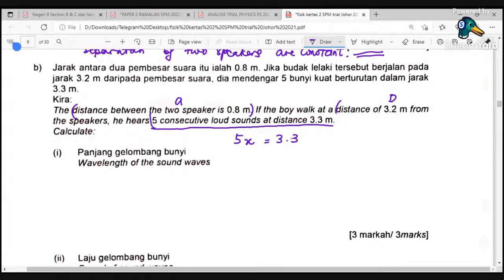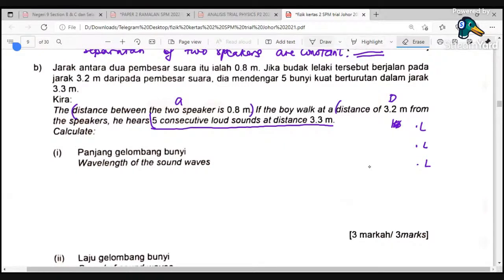Oh sorry, nanti saya kena tunjuk the loud sound. Loud. Bukan 5 lah sebab 5 tu bukan separation dia ada 5, ada loud sound ada 5.